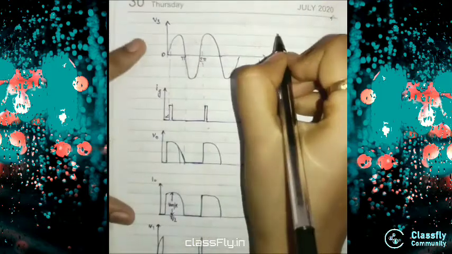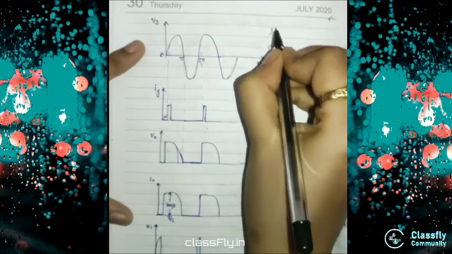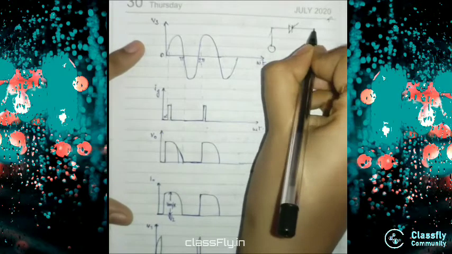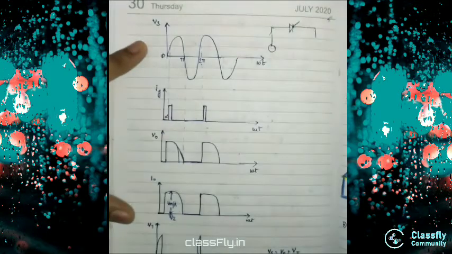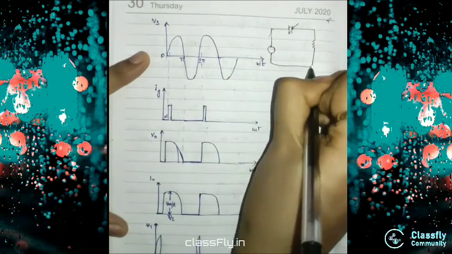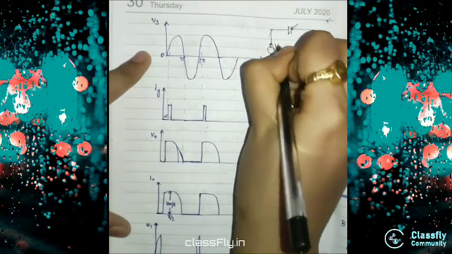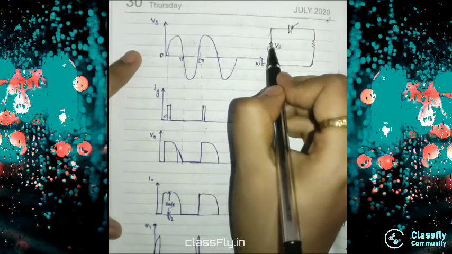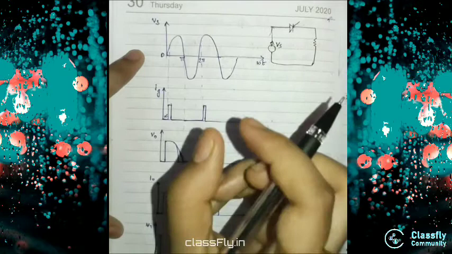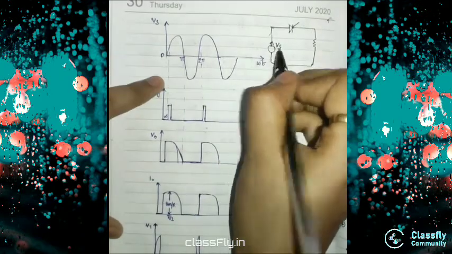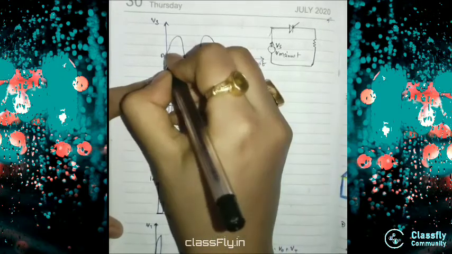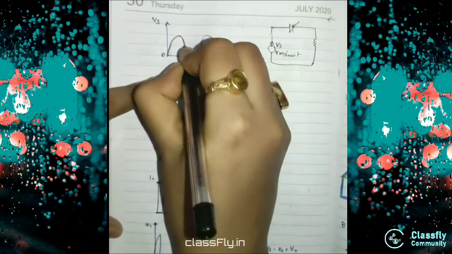So see, how was the circuit? Our circuit was like this, right? This was a thyristor and this was a resistance given. So whenever the voltage is being provided, Vm sin omega t, that means in the positive half cycle this voltage is being given, right?